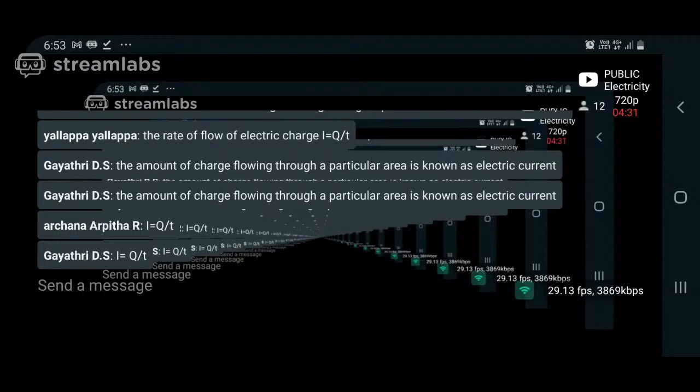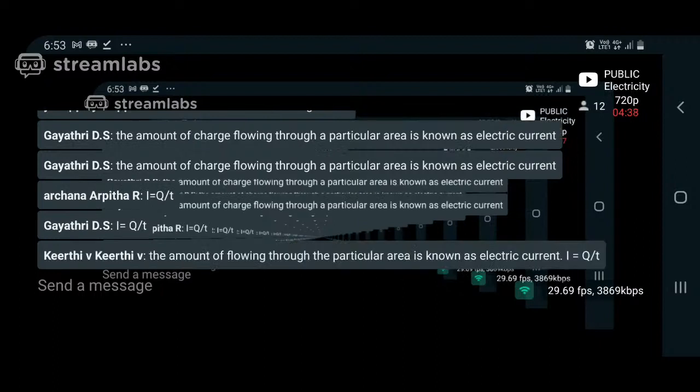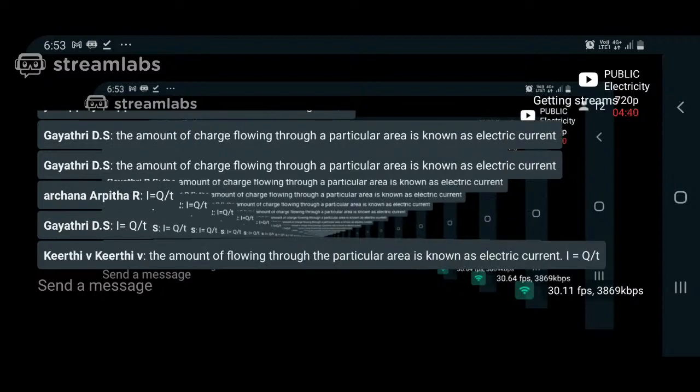Yeah, Arpita and Gayatri, formula is good. Okay, now tell me, what is the equivalent value of 1 Coulomb?